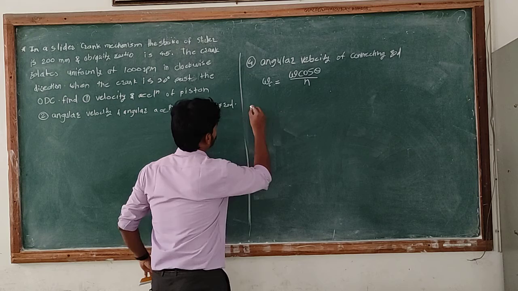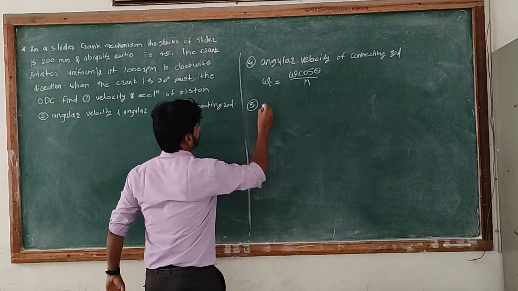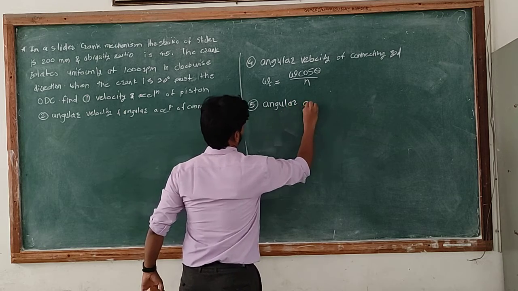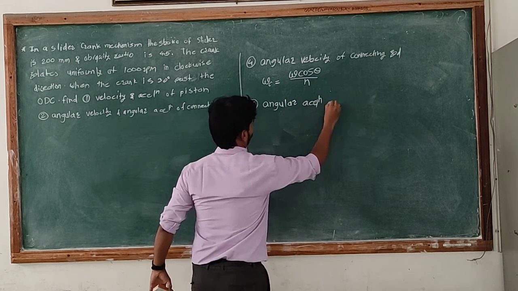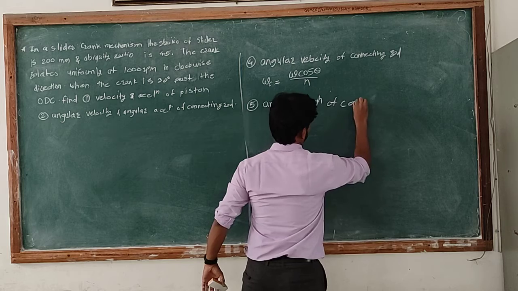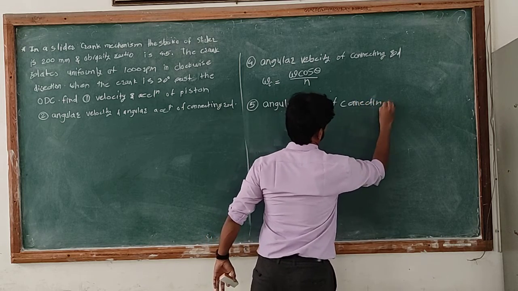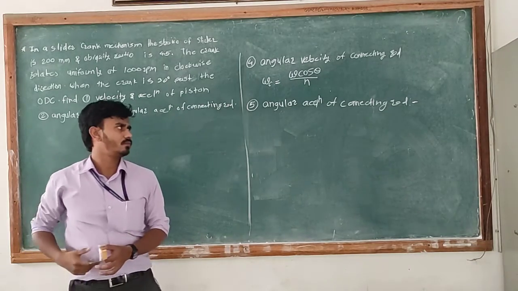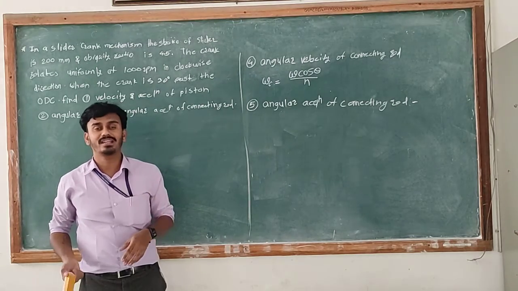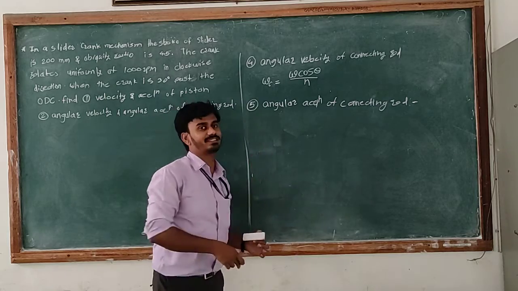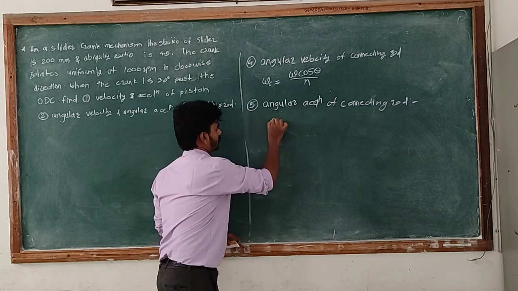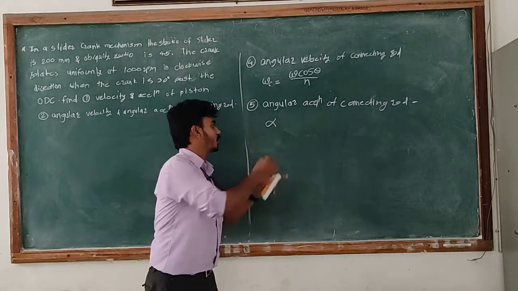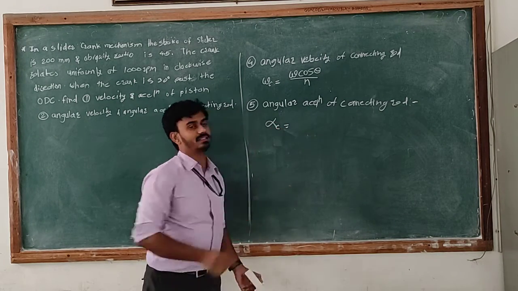Now the fifth formula is the angular acceleration of the connecting rod, denoted by alpha c.